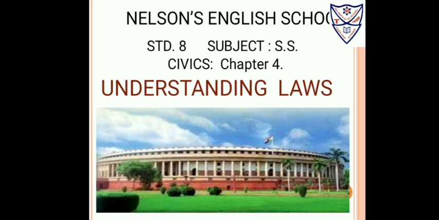Civics, Unit 2, Chapter 4, Understanding Laws. Introduction. In the previous chapter, you have read about different laws, such as the age at which a person can vote, the age at which an Indian man and woman can get married, among others.